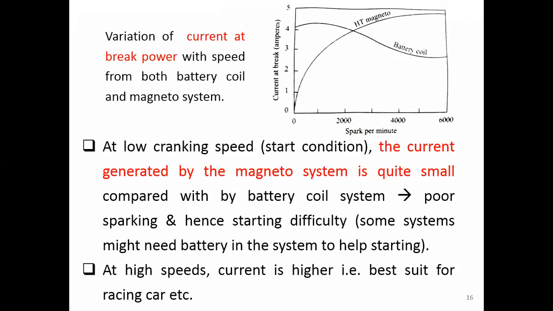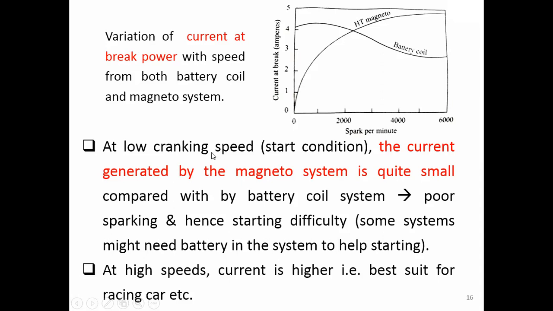Okay, and this is the characteristic of the two systems. Remember, I just mentioned the battery coil system gives you a poor spark at low speed. So you have a high current here. And for the magneto, the magneto gives you a small current here.